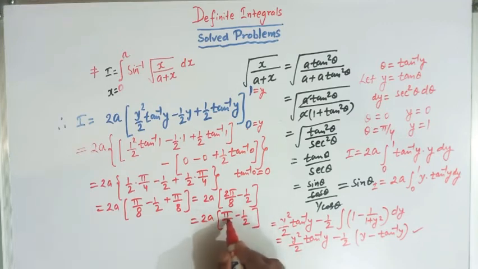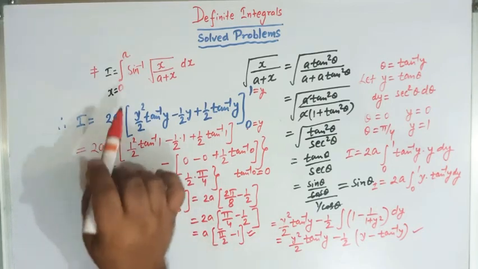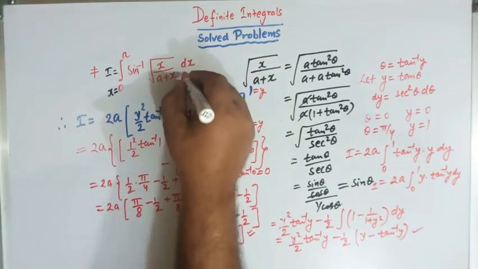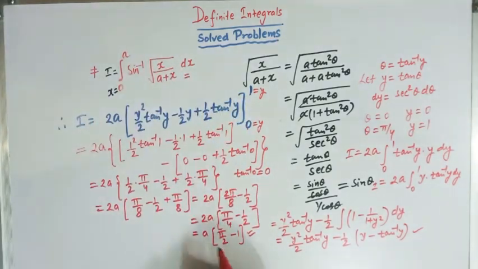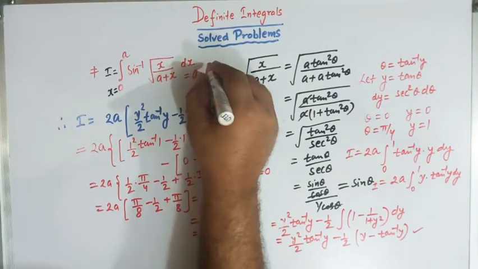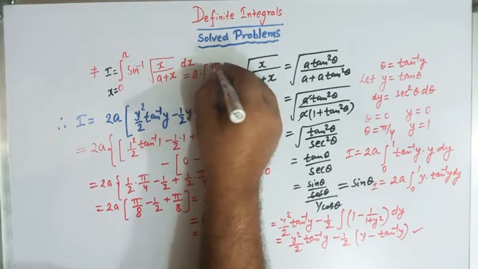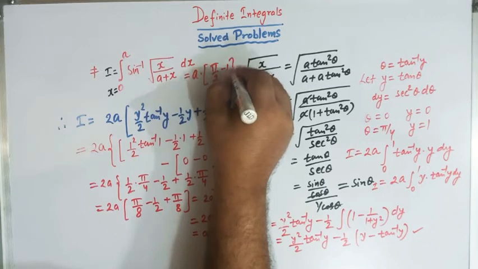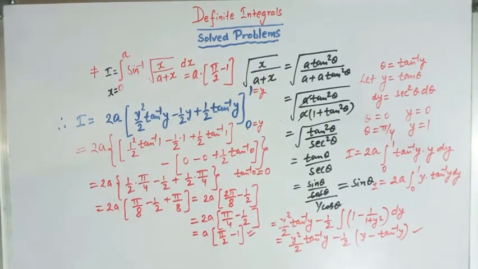Multiplying these two terms by 2, we have a times (π/2 − 1). So this is the required value of this definite integral. The value of this integral is a(π/2 − 1).